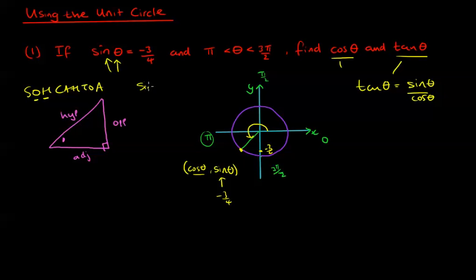It doesn't quite make sense, but let's just use these numbers anyway. So opposite over hypotenuse is telling us that the opposite is minus 3, and the hypotenuse is 4.